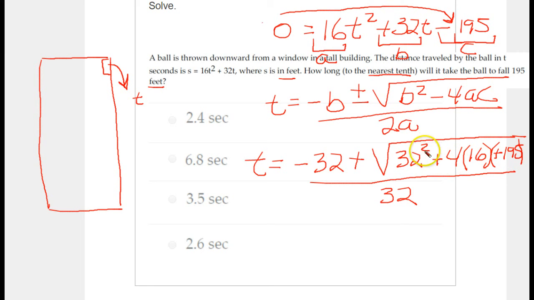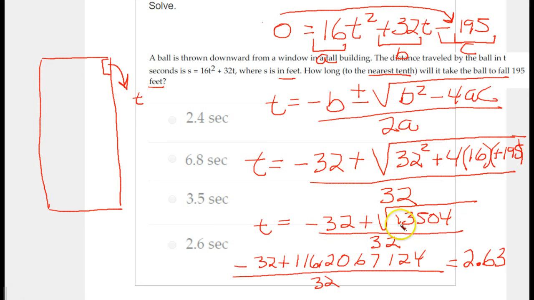So what I would do is calculate this, and I'm working with my calculator here carefully. I take the square root of this, and I get this big number here. I subtract 32 from it, and I get a value, and then I divide it by 32, and I end up with this, and it's more decimal points.